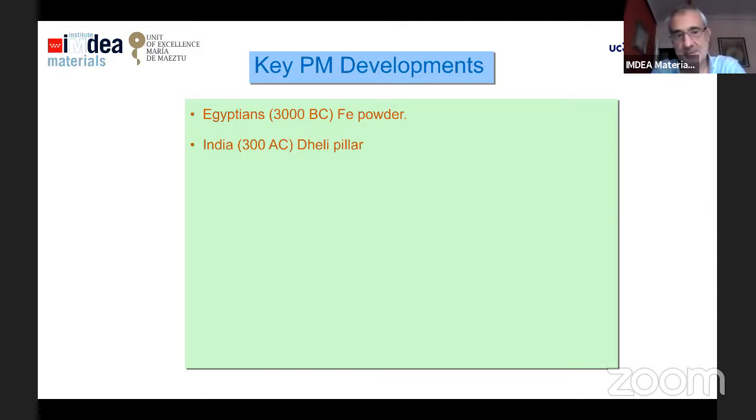As I mentioned before, maybe the Egyptians were the first people to use metallic powders to develop things. That was more than 5,000 years ago. But we have another important milestone in India.